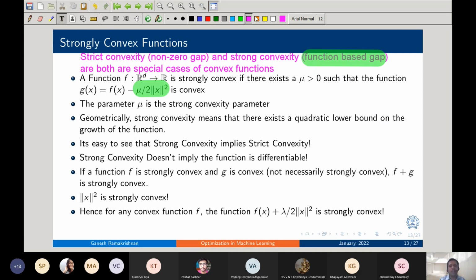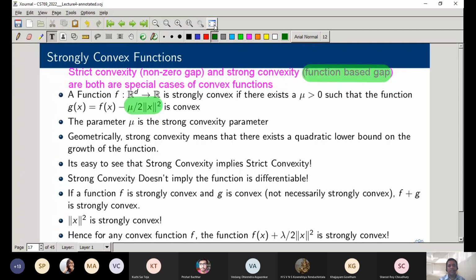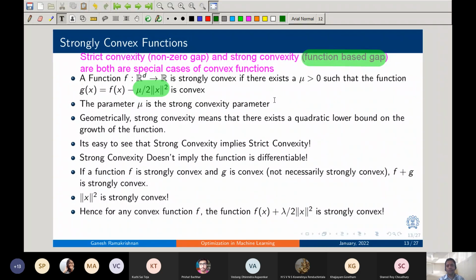There are also other functional gaps possible. For example, there's a notion of a Bregman divergence, which looks at some other kind of gap, there could be an entropic gap. So there are other function-based gaps also possible.